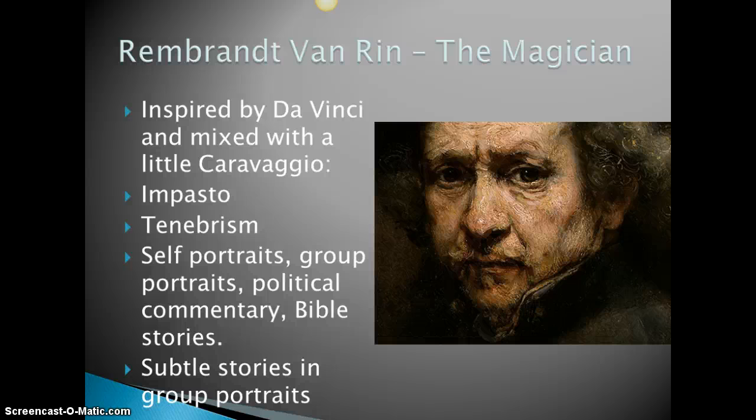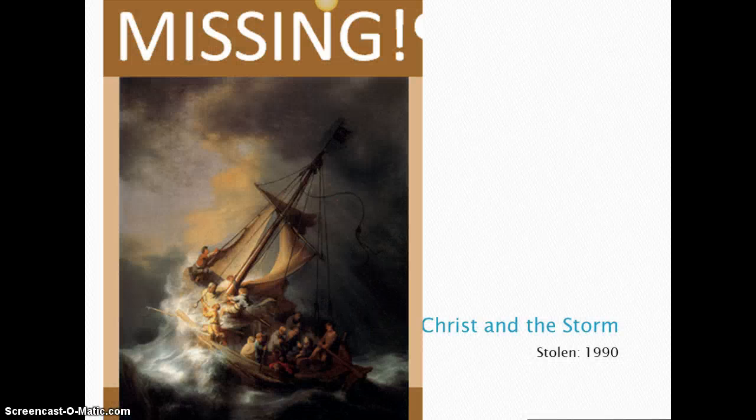He did a lot of self-portraits and group portraits, and these were always laced with some kind of political commentary or Bible stories, and they were subtle stories. So unless you were close to the artist, or if you knew what was going on, that would be the only way you would be able to recognize what was going on in the painting.